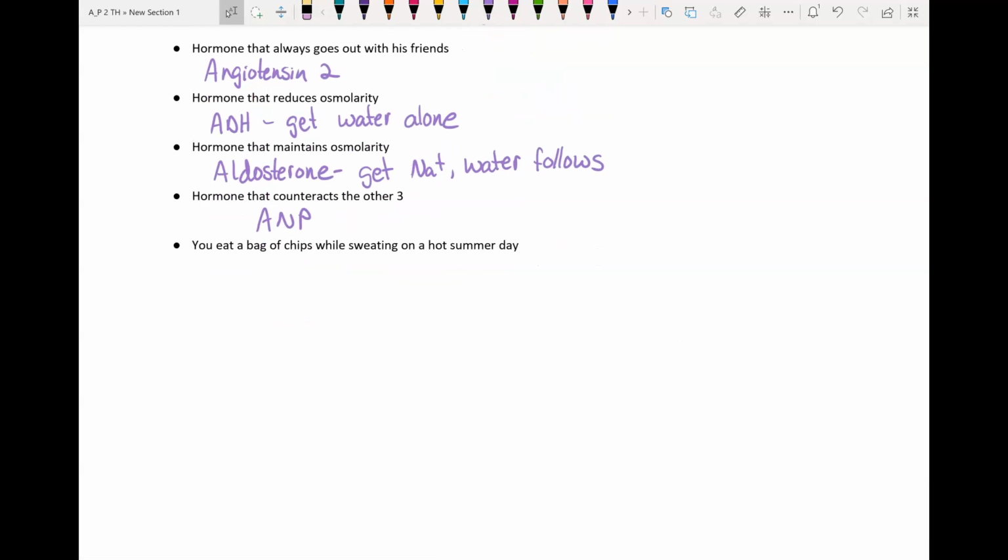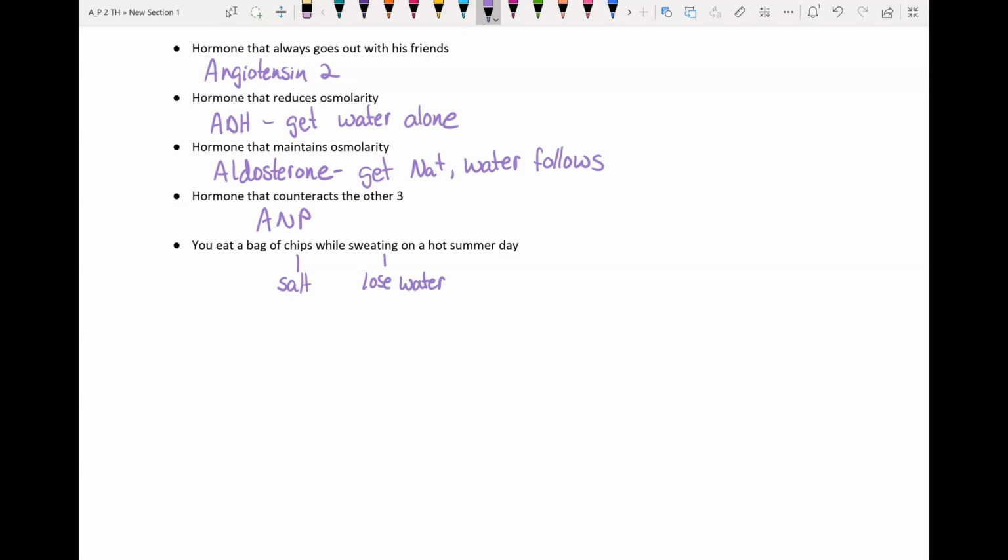And if you eat a bag of chips while sweating on a hot summer day, which hormone will you get? Well, think about it: chips are salty, so you are adding salt to your blood. When you sweat, you lose both water and salt, but you lose more water. Sweat is mostly water with a tiny bit of salt.